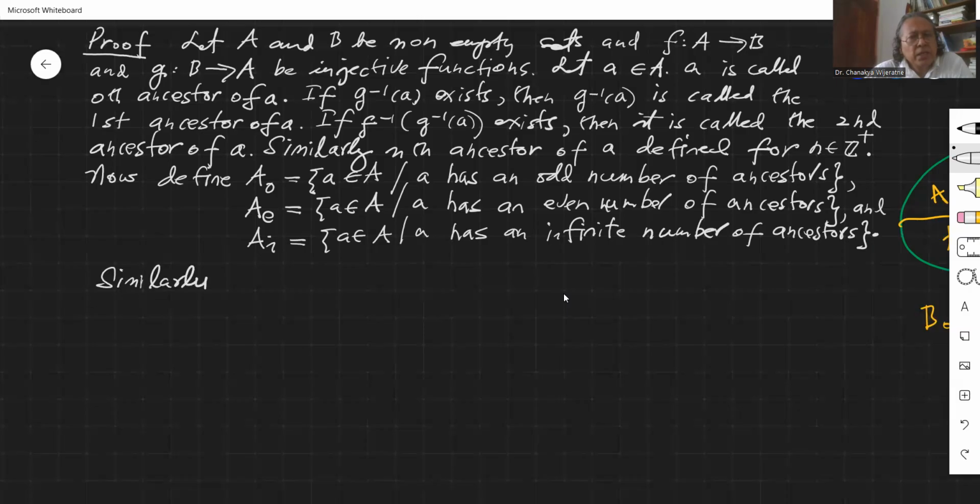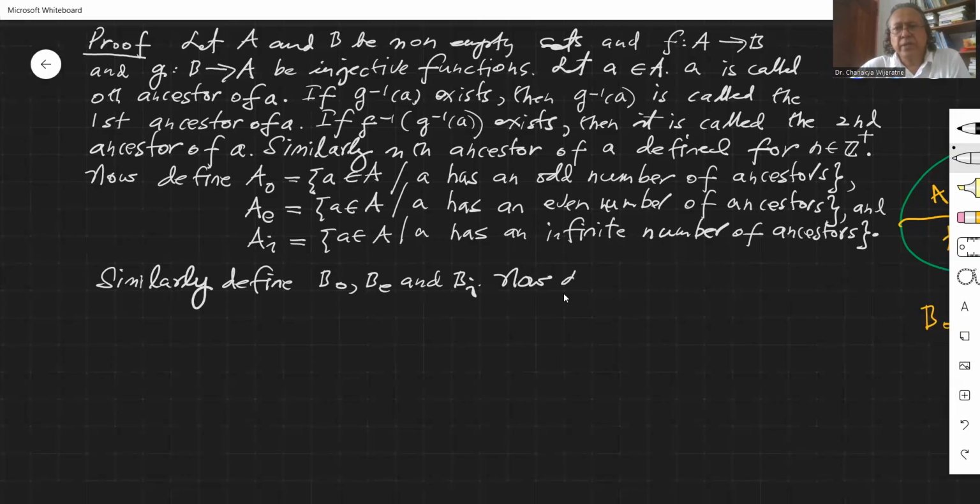Similarly, define AO, BO, BE, and BI, right?